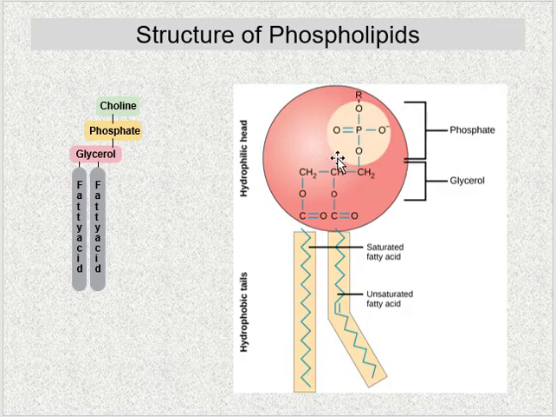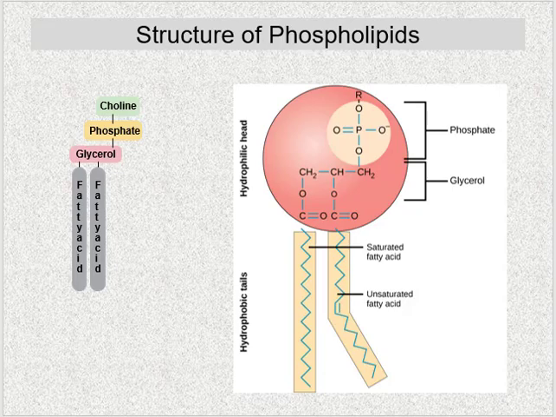We have a phosphate head attached to a glycerol, which is also attached to 2 fatty acid tails. This is the hydrophobic portion of the phospholipid, and this is the hydrophilic portion of the phospholipid. Now, the hydrophobic tails of a phospholipid may contain either an unsaturated fatty acid or a saturated fatty acid.